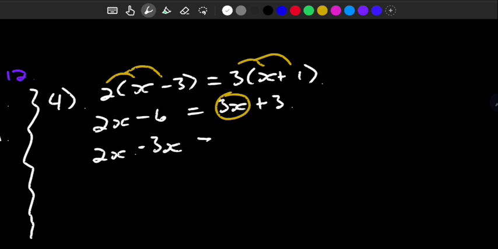Remember, it's positive there. Then we have 3 that is positive there, right? Then we have negative 6 on the other side. Take it over the equal sign and it becomes plus 6, right? 2x minus 3x equals negative x, or you can say negative 1x.